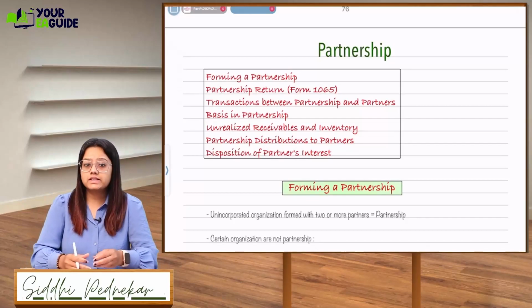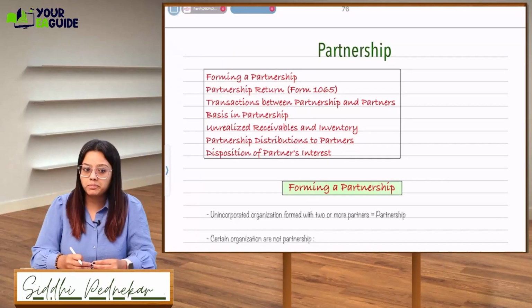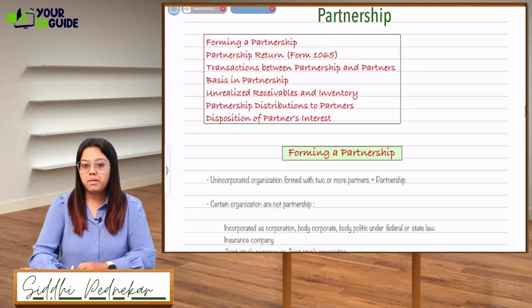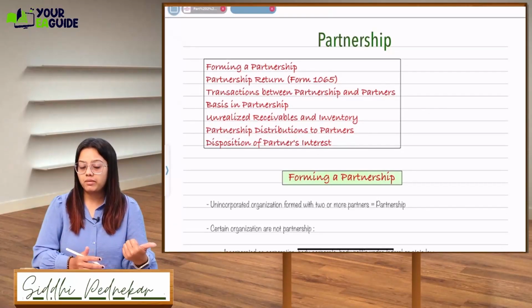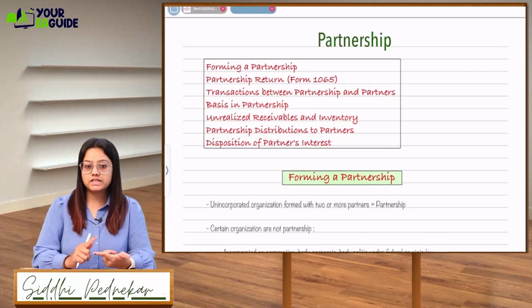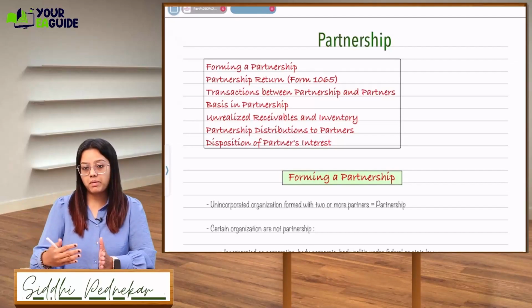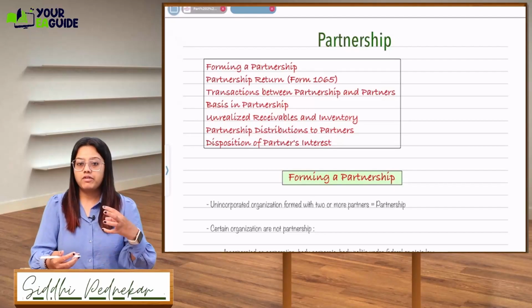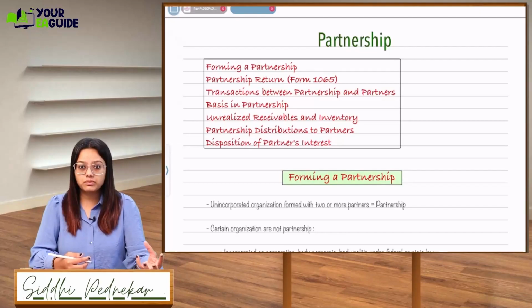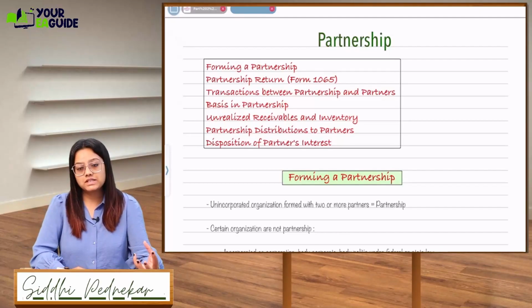Okay, so let's start with the most important topic, that is partnership. In partnership you have to understand a few very important things. How the partnership is formed, what the basis of partnership is, when there is a distribution from a partnership firm to partners, how the basis will be calculated, and when a partner contributes into the business, how the basis will be calculated.